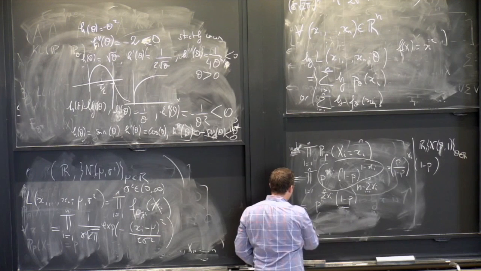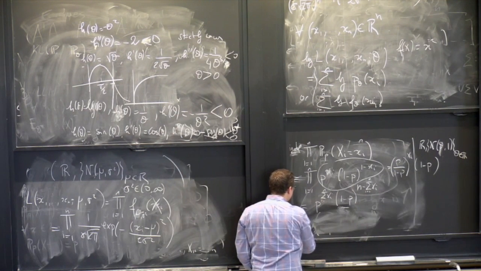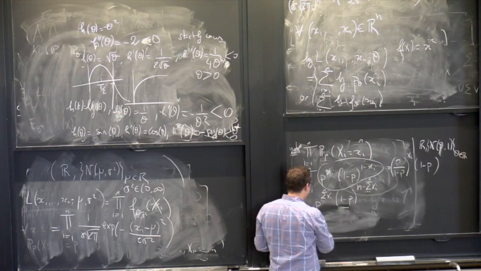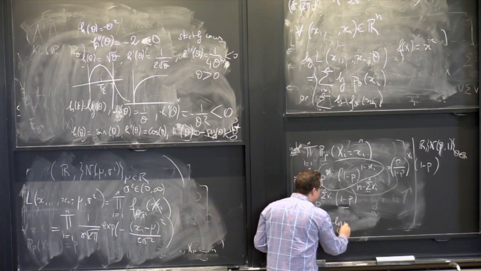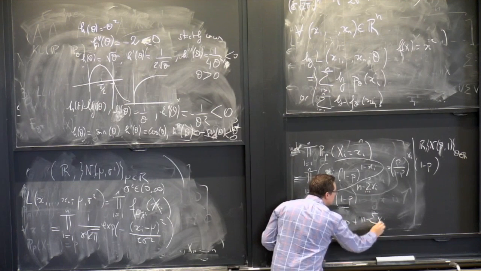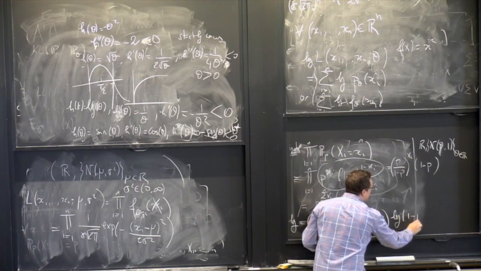OK? So now let me take the log. OK? So if I take the log, what I get is the sum of the xi's times log p plus n minus the sum of the xi's times log 1 minus p.